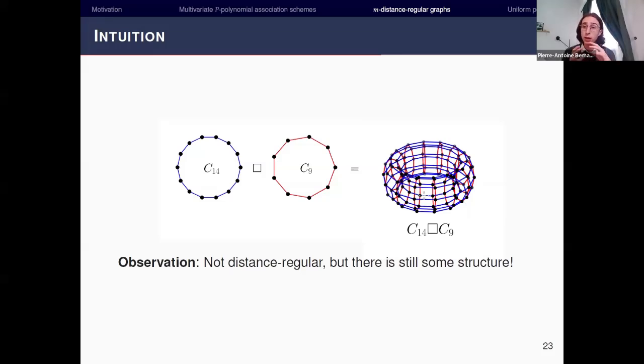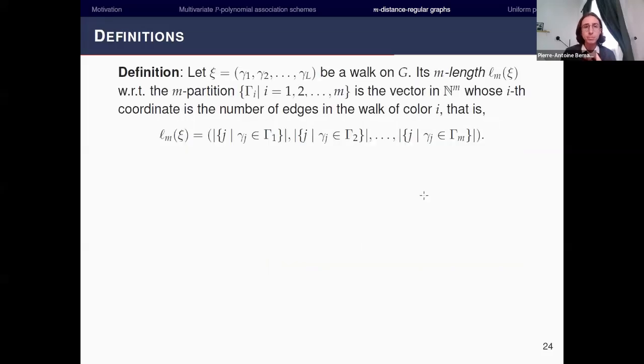And so this is what we try to capture with this notion of m-distance regular graph. There is still some structure that exists, and we want to give an actual definition of this. So as you see, we need to define something that is related to a coloring. So the first thing we need to define is the notion of an m length.